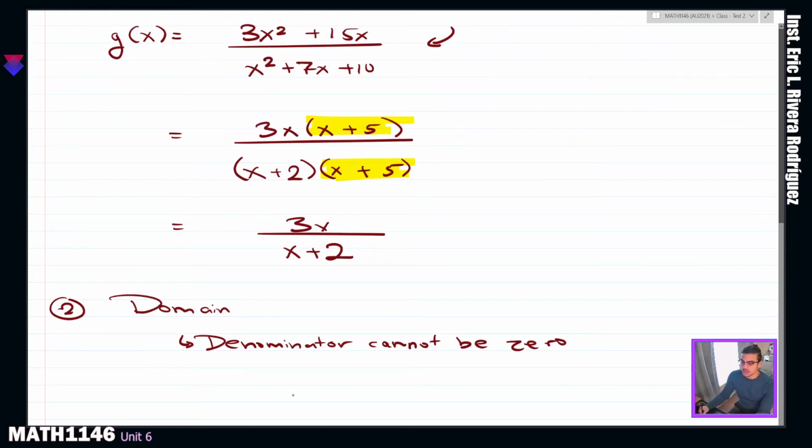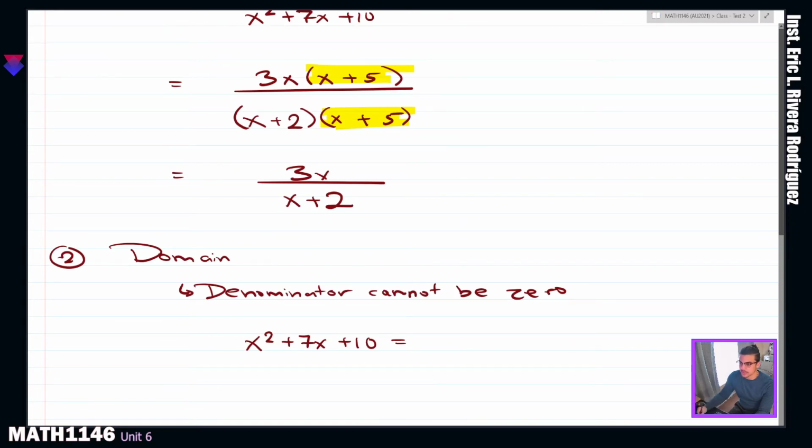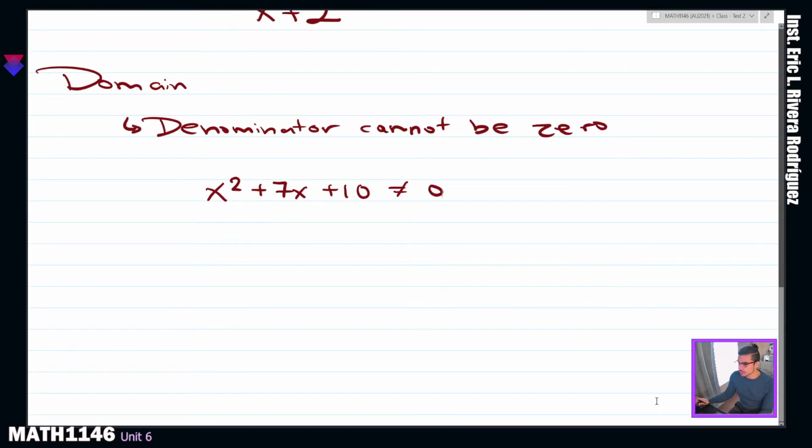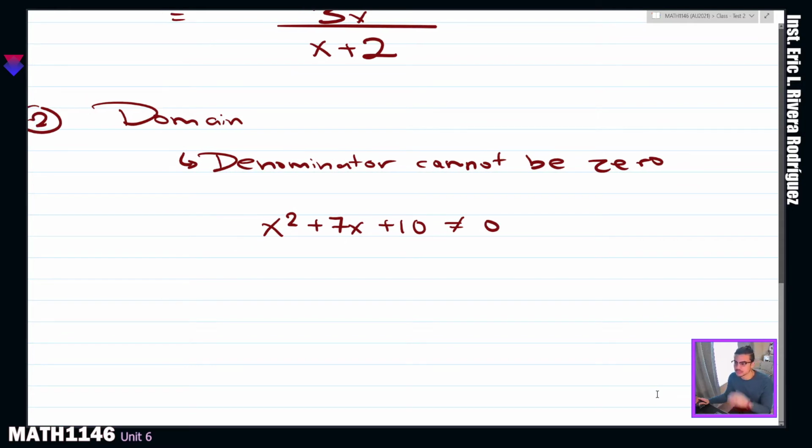Okay, so we are going to take the denominator from the original equation, and we are going to say this can't be equal to 0. Now we are going to treat this as an equation, a quadratic equation, set equal to 0 to find those x values that make it equal to 0.